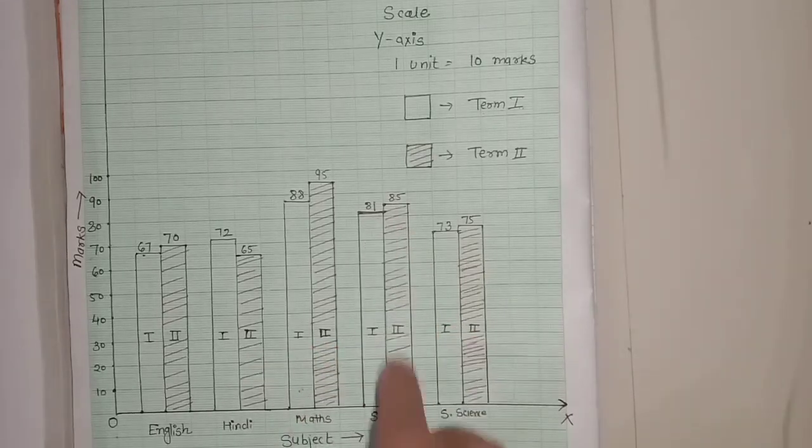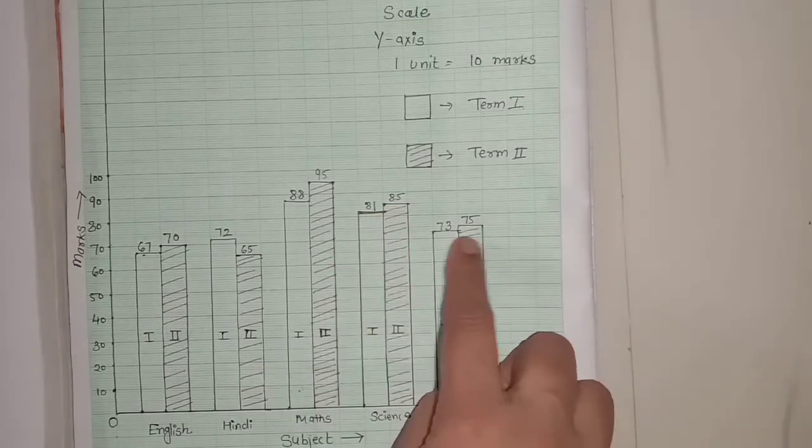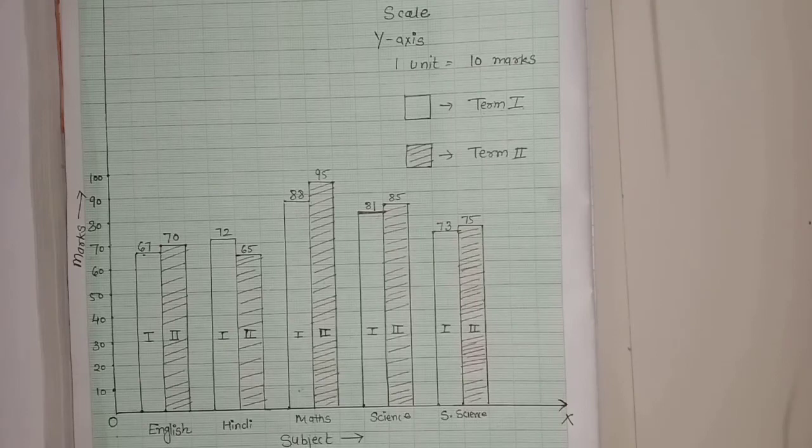And in science the difference is 4, and in social science the difference is 2. And here the term 2 bar is greater than the term 1 bar by more than in mathematics. So the first answer will be, in which subject has the child improved his performance the most? Yes, in mathematics the child improved his performance the most.